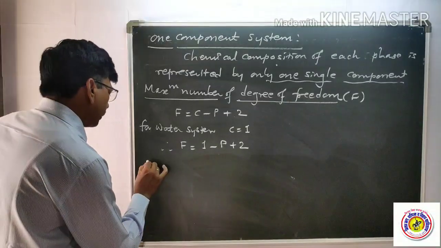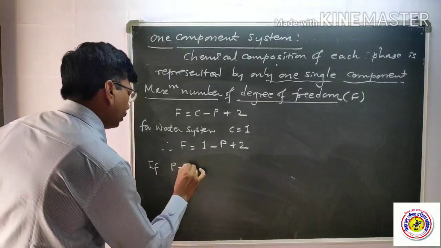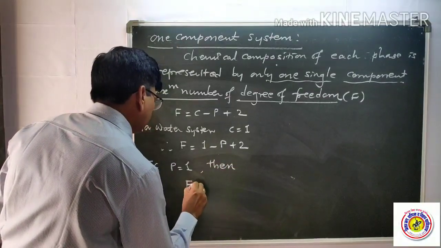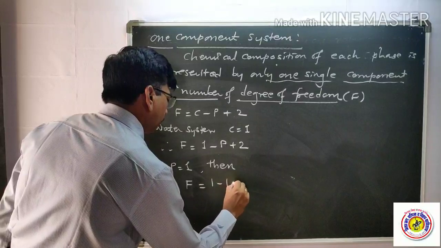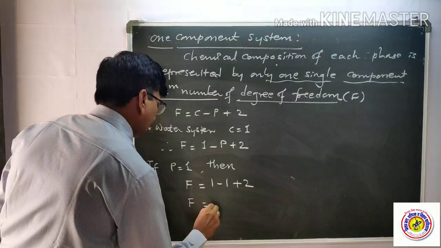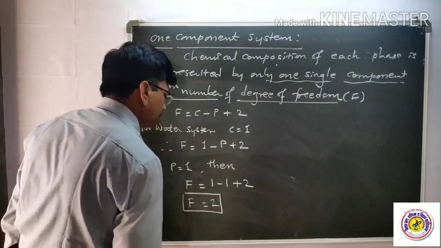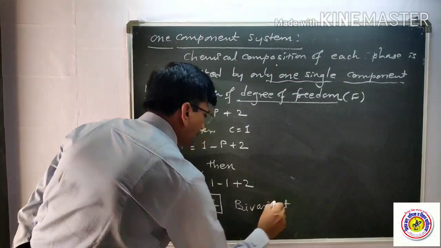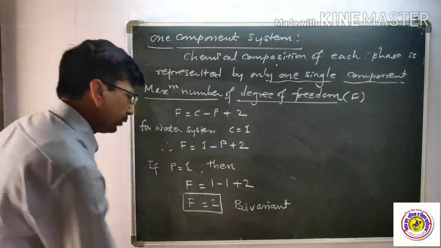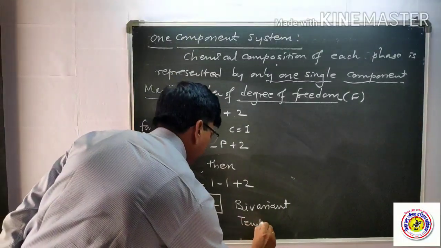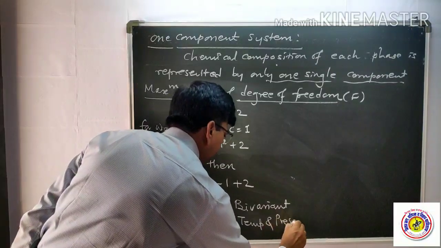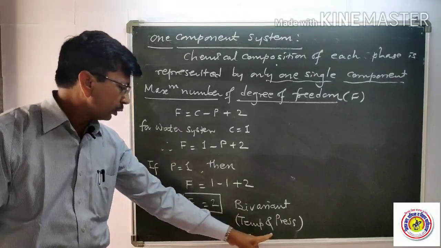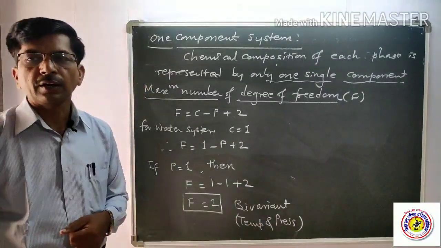So if P is equal to 1, then F is equal to 1 minus 1 plus 2, so F is equal to 2. That is, this system is a bivariant system, and these two variables are temperature and pressure. Remember, this is independent of the composition.